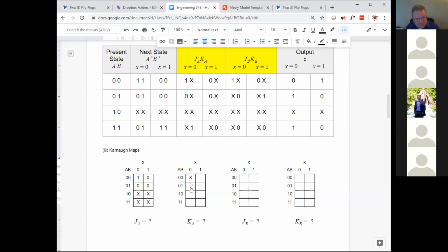Wait, Dr. Bruton, your Karnaugh maps aren't flipped. It goes from 0, 1 to 1, 0 to 1, 1. Thank you. Let me correct that then. That's very good. All right, so I need to put a 1 right there and a 0 right there. I said it, but I didn't actually display it, did I? That's good.